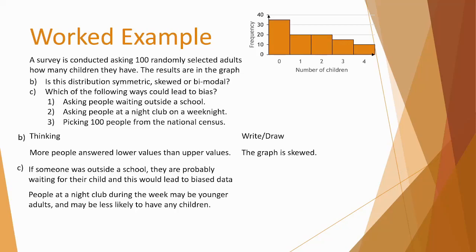So that could be a little bit biased or skewed the data as well. The third one, picking 100 people at random from a national census, as long as it is truly random, it wouldn't be too biased. So both methods 1 and 2 could lead to bias in the surveys.